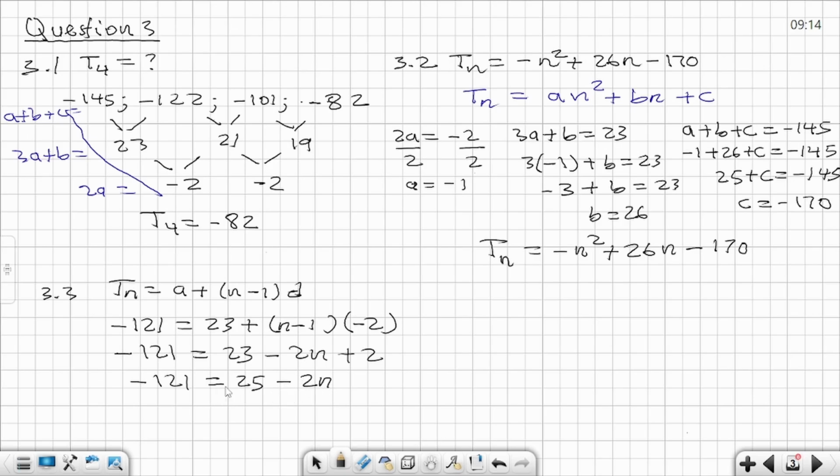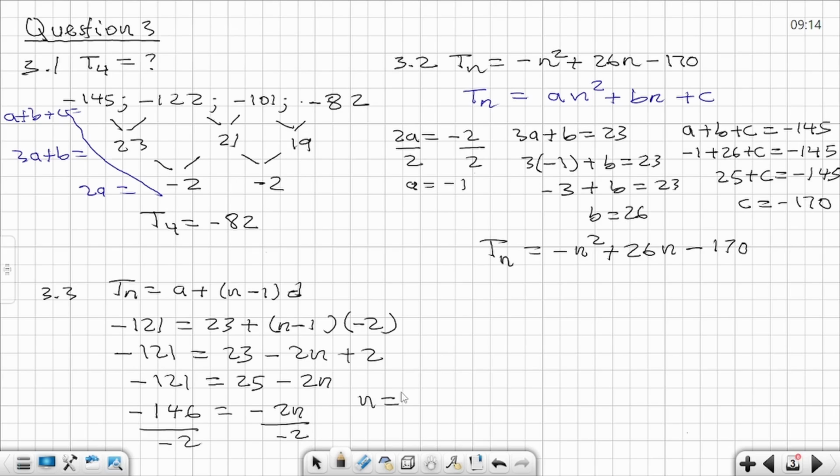-2n, and 25 moves from right to the left. You're going to have -146 is equal to -2n. So you divide by -2 on both sides to get your n. What is n equal to?